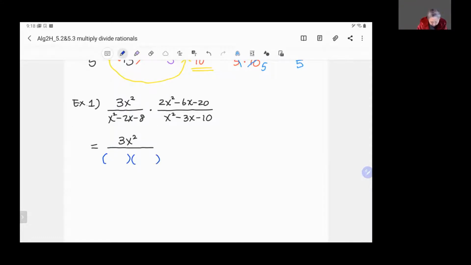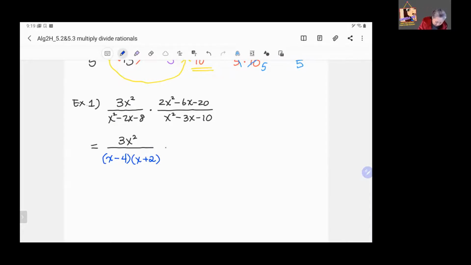So the factors of x squared are x and x. Factors of 8 could be 1 and 8, 2 and 4. But in this case, we pick 2 and 4 as the right factors. In order to match the middle coefficient of negative 2, 4 gets a negative and 2 gets a positive. So now I'm done factoring the denominator of the first rational expression.